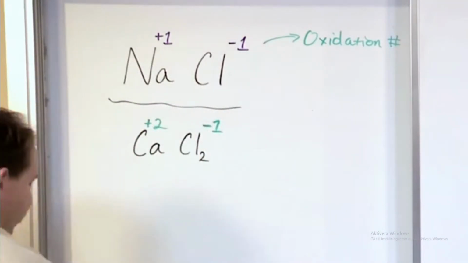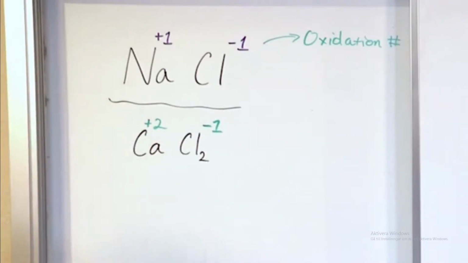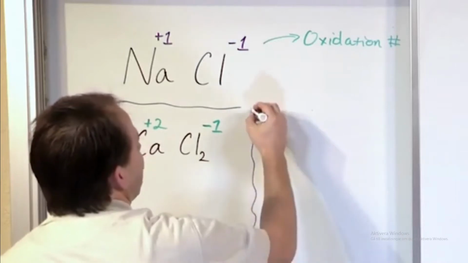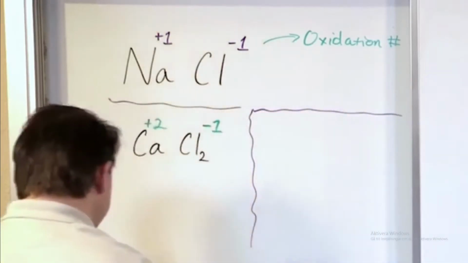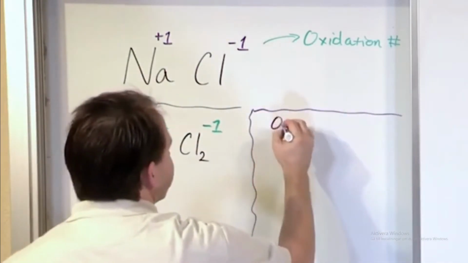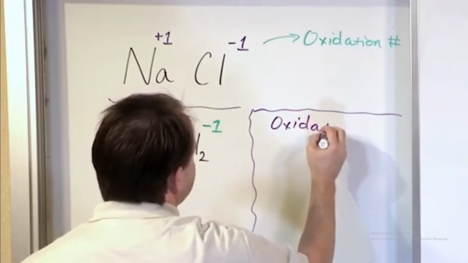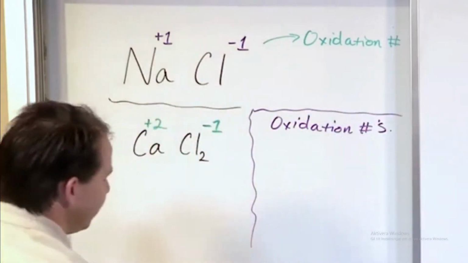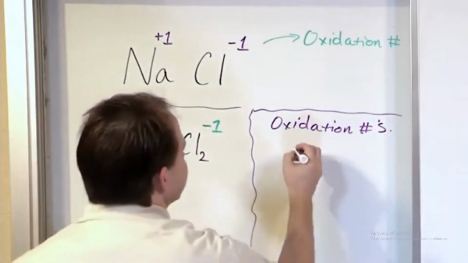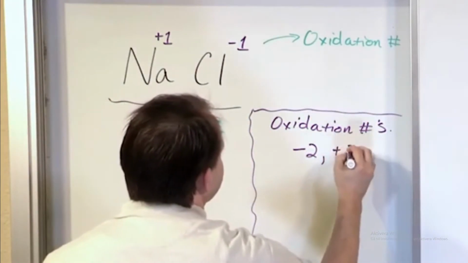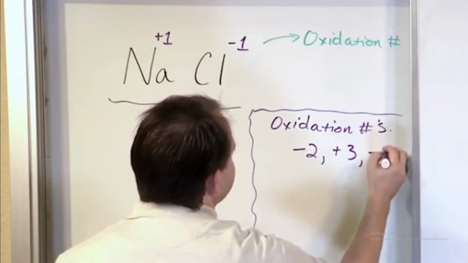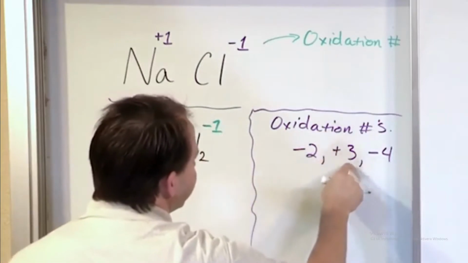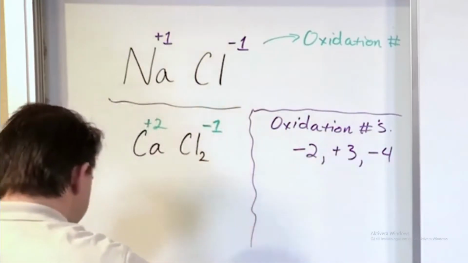One more thing I want to tell you before we actually show you what that deal is, and this is kind of an aside that I want to make sure and point out to you. Okay, for oxidation numbers, it's kind of a convention that you write it like this: -2, +3, -4, whatever. You put the sign and then you put the number. So it's +3, -4, -2, whatever.